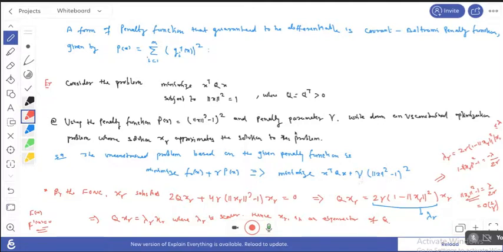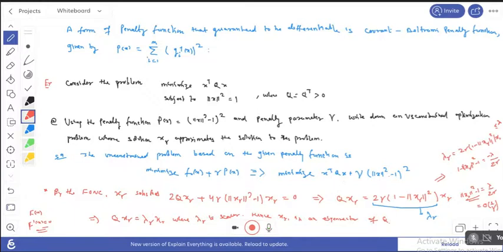Here the penalty function is already given. In some cases it is already given, or you have to find it by using the penalty function method. So you find this one and write it as P, and your problem reduces to the unconstrained optimization problem, and then you have to find that solution.